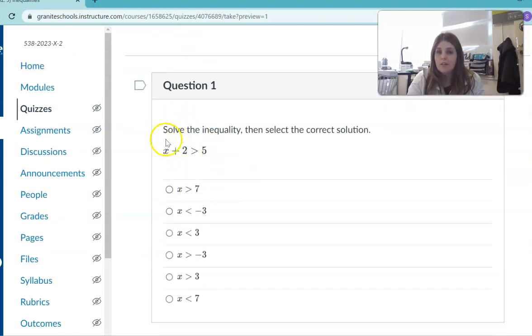So you would solve it out on your whiteboard, and then you would select which one of these solutions are true. So you could pretend like this was an equal sign, solve it like an equation, and get almost all of these right. The only thing that you need to look out for is, do you have a negative next to the letter, or do you have a negative under the letter?